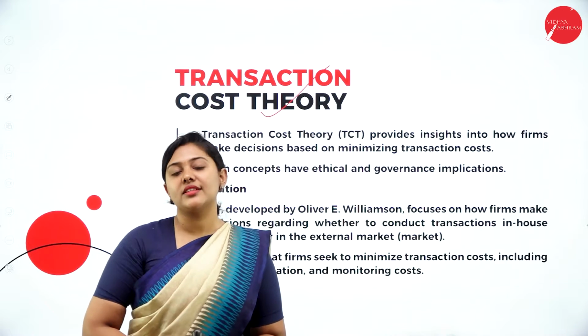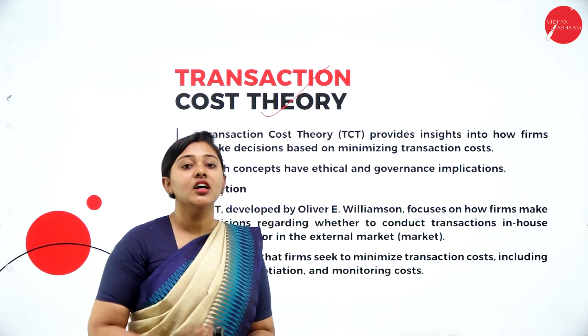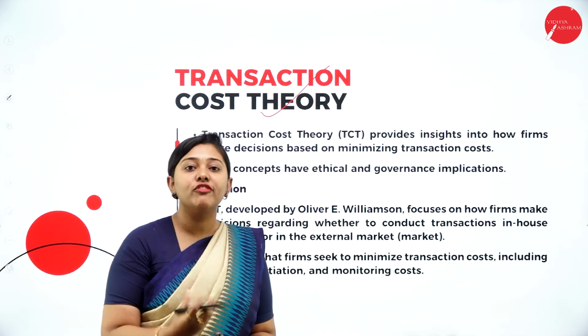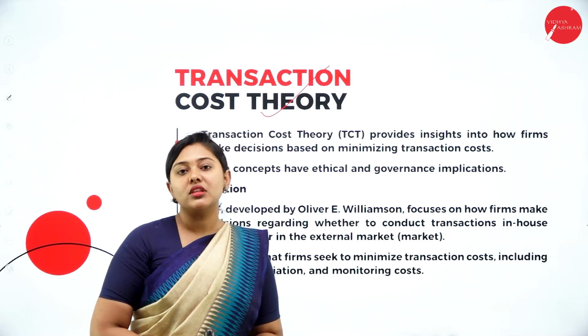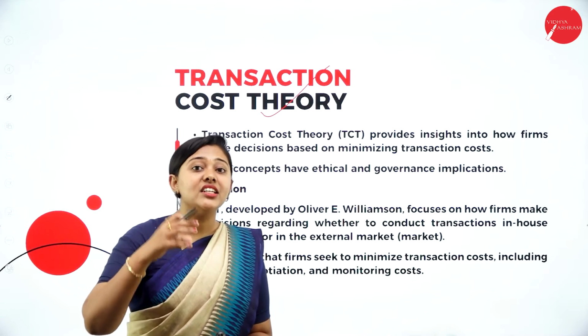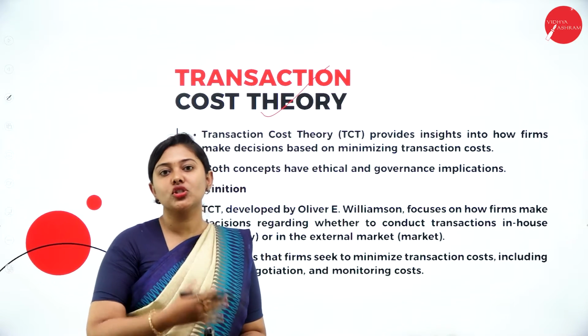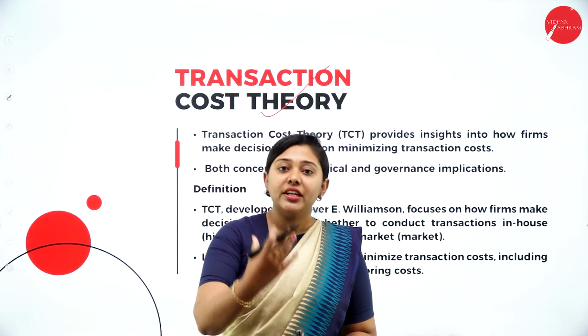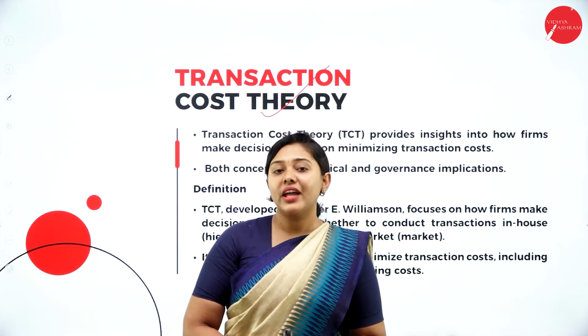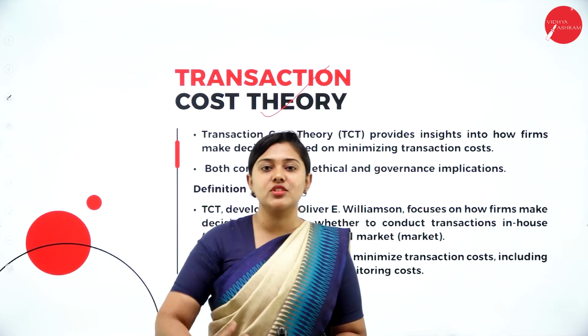What this transaction cost theory says is that it is very important for a firm to control the cost by doing internal transactions. When they take up the internal work by the firm itself, the transaction cost will reduce.